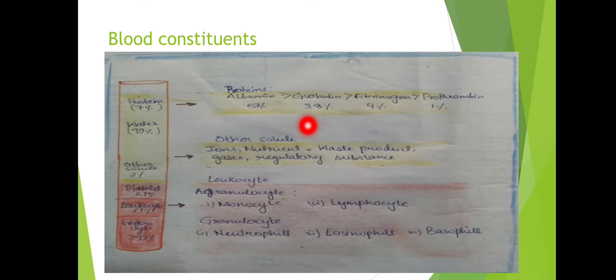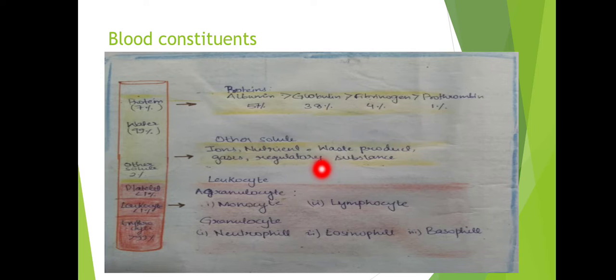Globulins have a role in the defense of the body, and they can be gamma globulins, immunoglobulins, which help in the fighting mechanism in defense of the body. Fibrinogen helps in the clotting of blood, and prothrombin also assists and performs the same function of clotting of the blood.